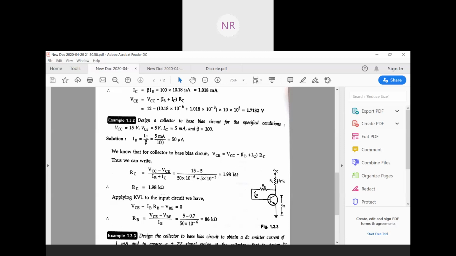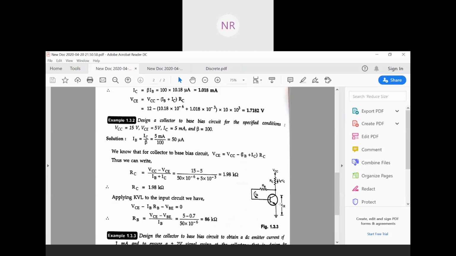Next you are going to calculate the RB value. RB you can calculate as VCE minus VBE divided by IB. See here, this loop we have considered.